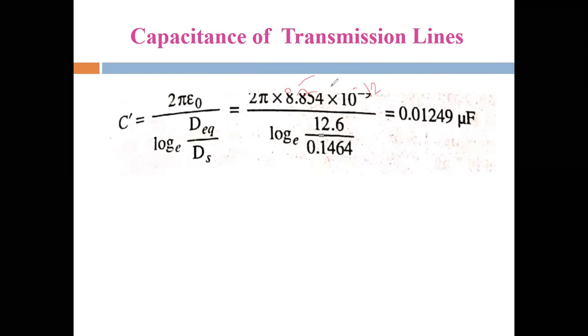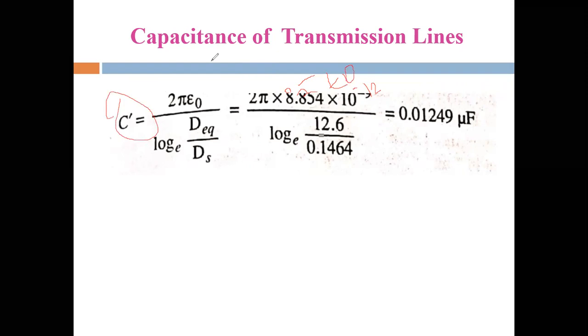Therefore C is equal to 8.854 into 10 power minus 12 into 2 pi by log e D equivalent by ds. This is the overall capacitance of a bundle of conductors.